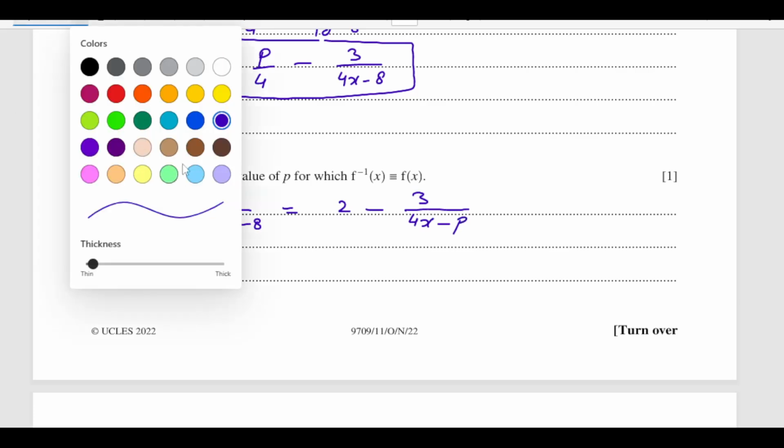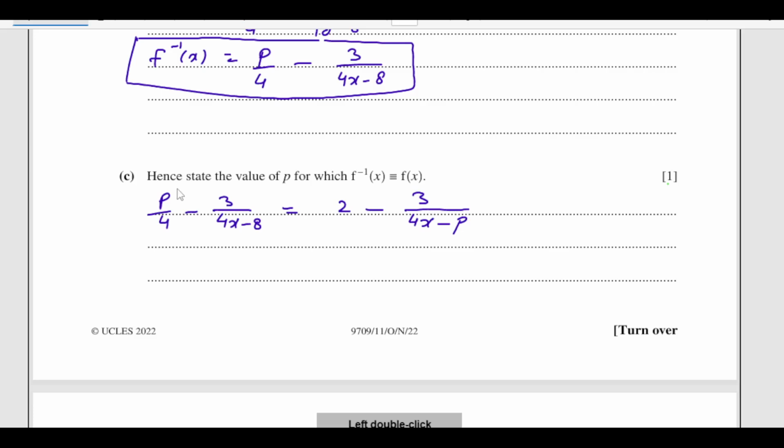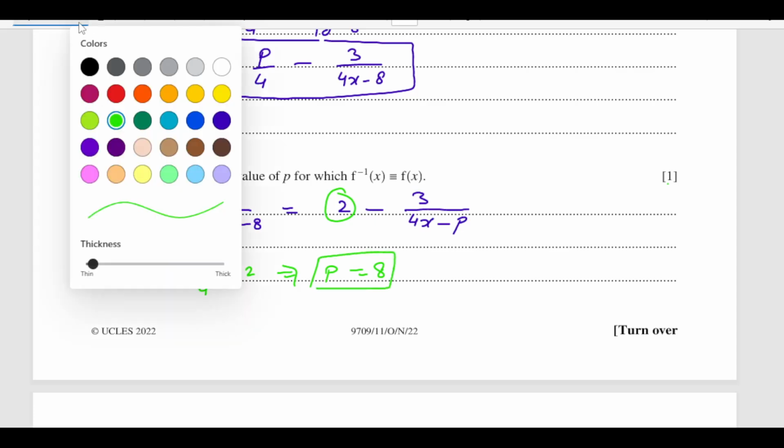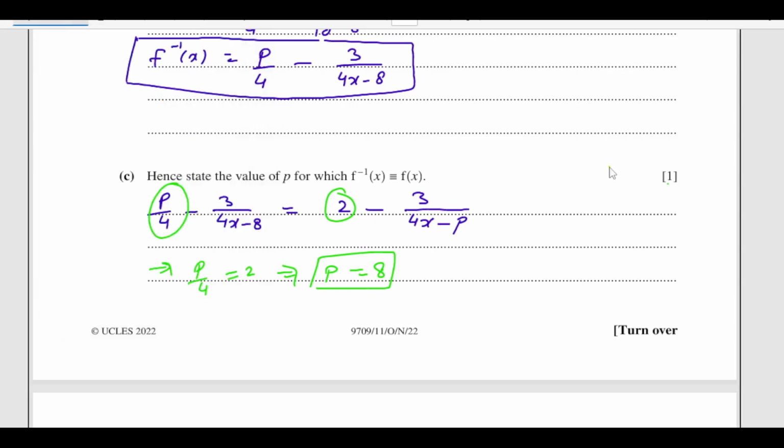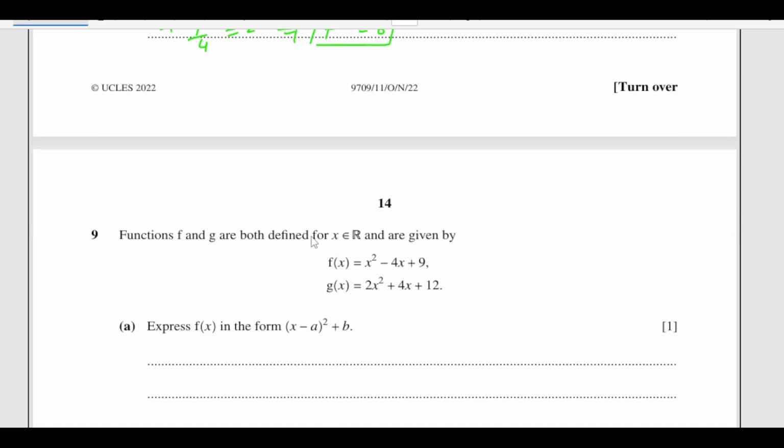If you compare this one, you can easily see that here p over 4 is equal to 2. So p over 4 is equal to 2, that gives us p equals 8. Okay, another way also, if you see here, this is 8 and this is p, so p is also 8 like this.